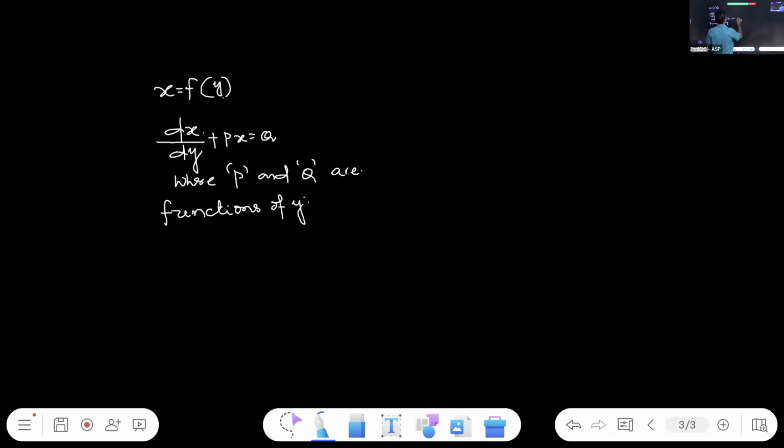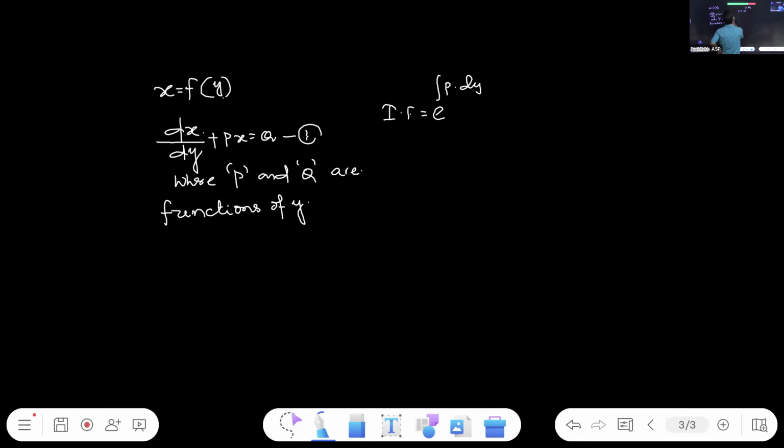Here the integrating factor is e raised to the power integral p dy. This is the second format.